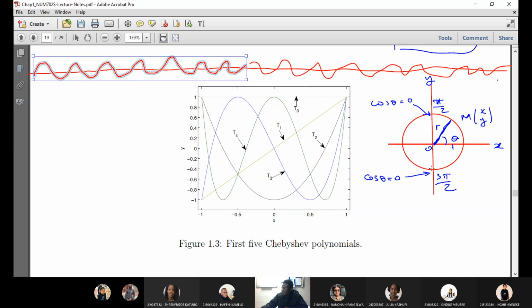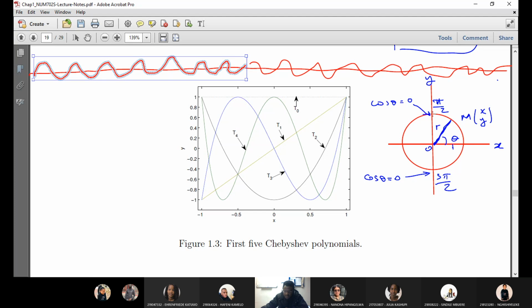Okay. Now, if you look at this, when will cosine be 0? The x-axis represents the cosine axis. So this point M of coordinates x, y, each time it is aligned with the y-axis, because if I project and need x to be 0, I need to be on the y-axis.